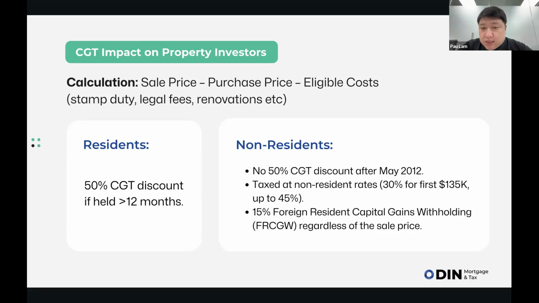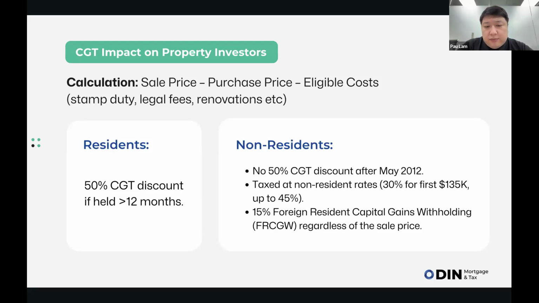And we pay higher tax compared to people in Australia because we don't enjoy the $18,000 threshold. We pay tax from the first dollar at 30% on the first $135,000, and the rate goes up to 45% if you earn more income at the end of the year.